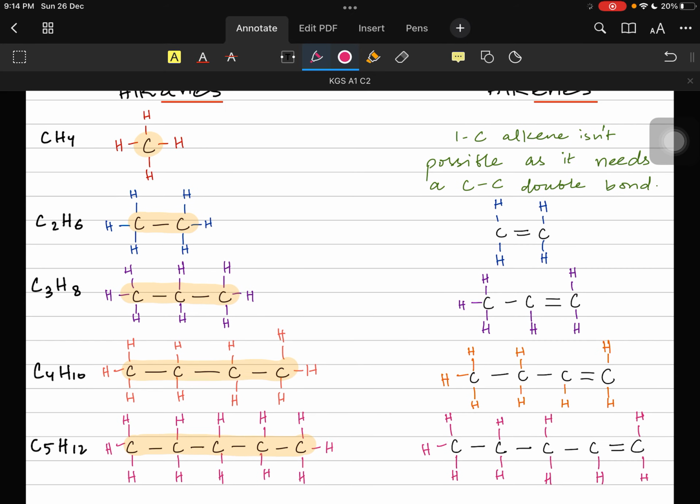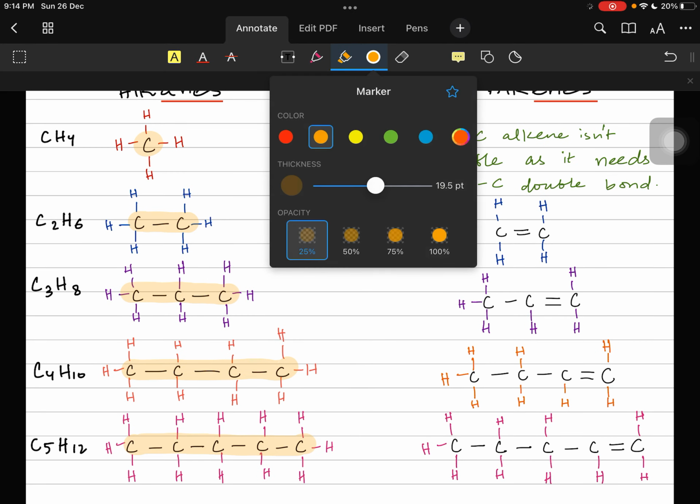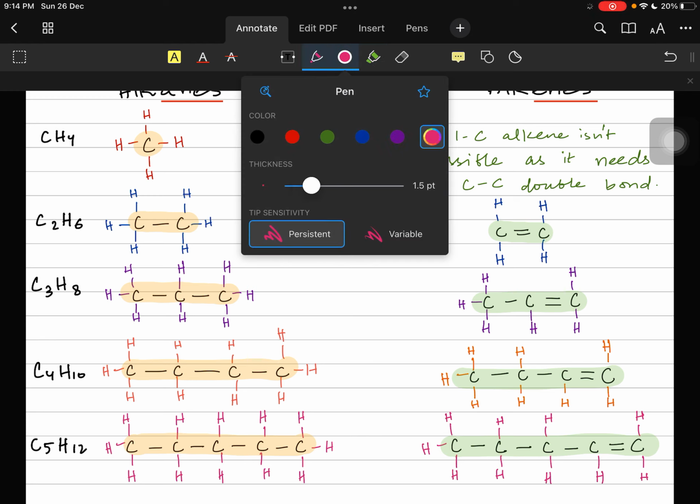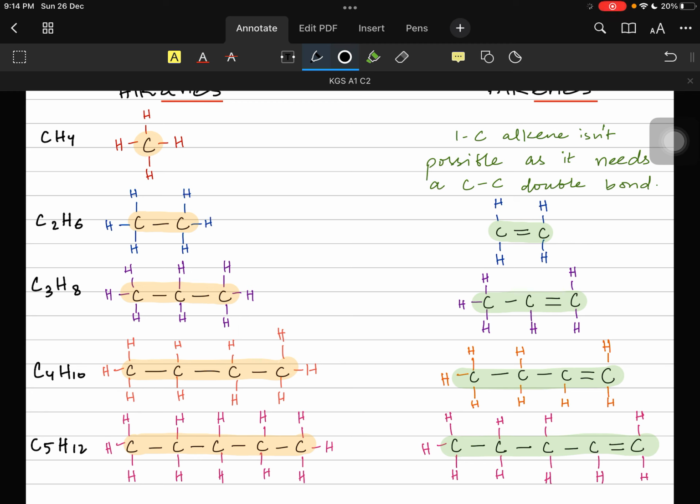If I focus on the fact that again the length of the chain is increasing, this time let's use some other color. A 2 carbon alkene, a 3 carbon alkene, a 4 carbon alkene, a 5 carbon alkene. At the end of the day, you see that the overall pattern is still the same, just the length of the carbon chain is increasing. If I write the chemical formulas over here, this one is C2H4.